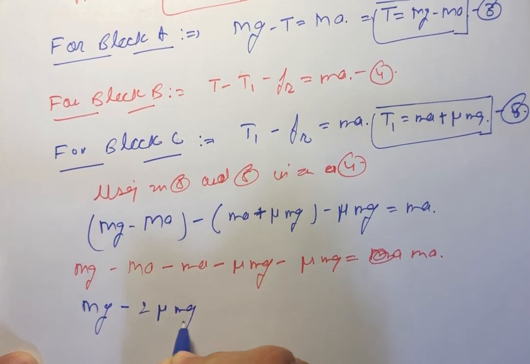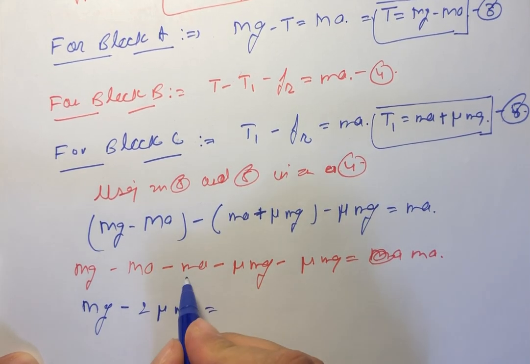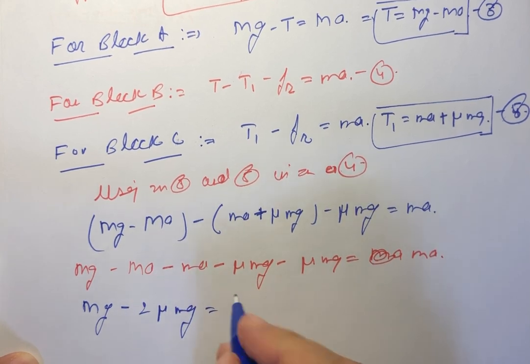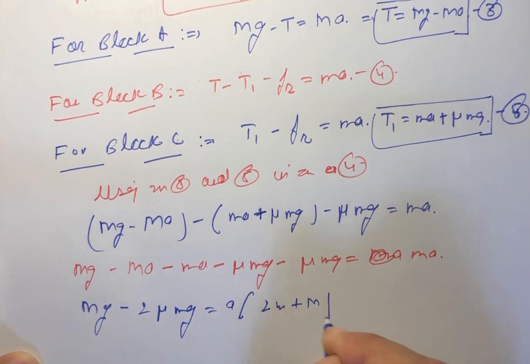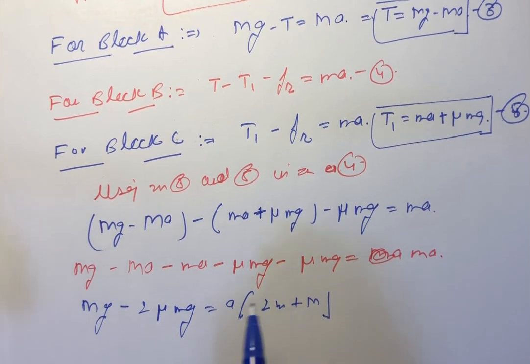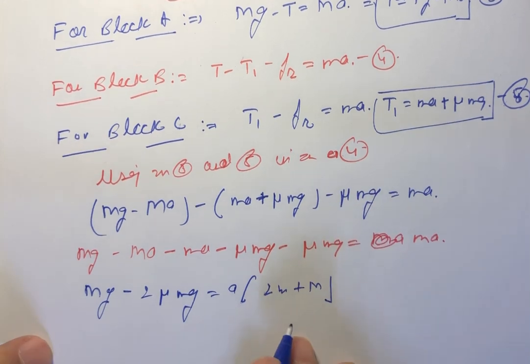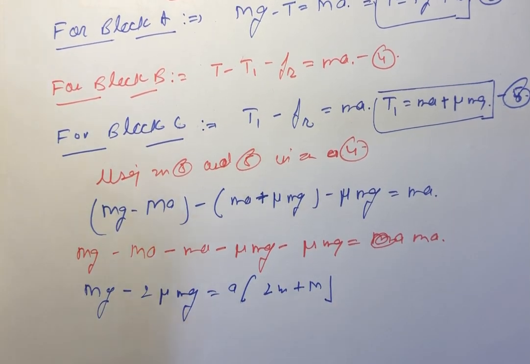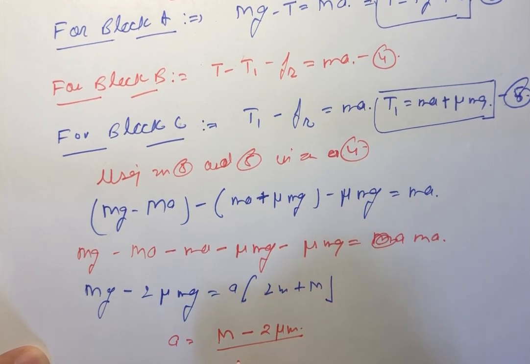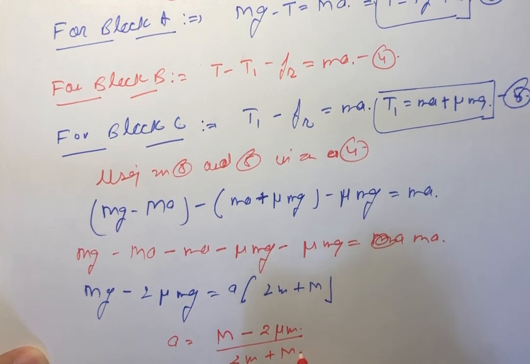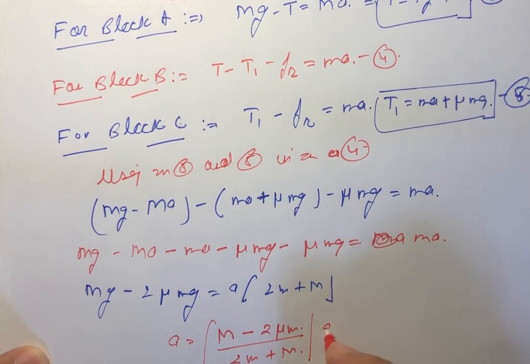This will be equal to ma, and Ma will be 2ma, and we take a as common, so we have 2m plus capital M. From here we can find out the acceleration a will be equal to, we take g as common, so we write m minus 2 mu m divided by 2m plus capital M, into g.